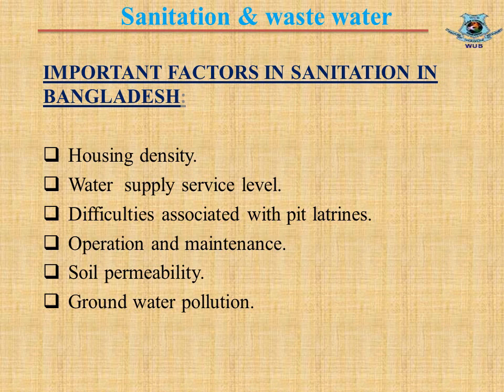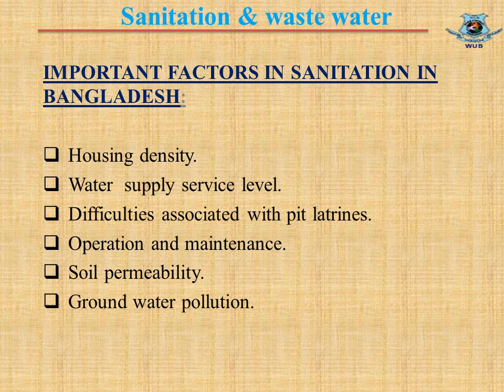Now important factors in sanitation in Bangladesh. First one, housing density. In densely housed areas, it is difficult to provide good sanitation. Then water supply service level. If we don't have available water, how is it possible to build good sanitation?